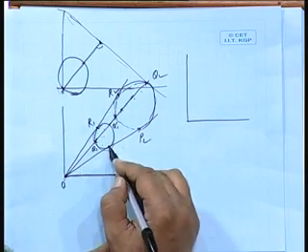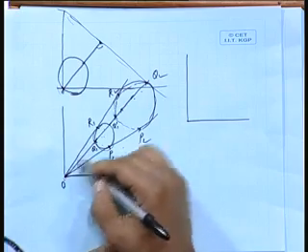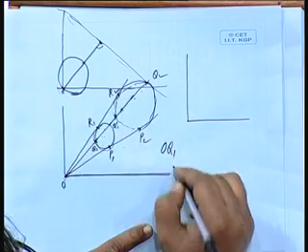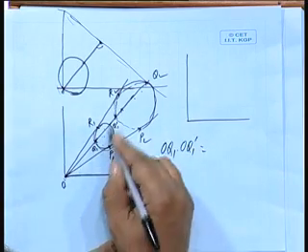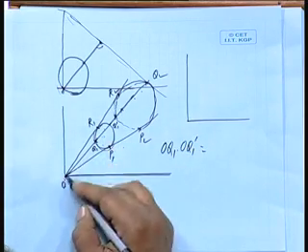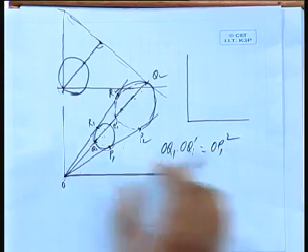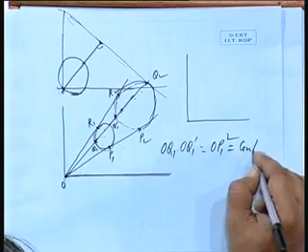See, OP1 into OP2, okay, OQ1 into OQ1 dashed is equal to OP1 squared or OR1 squared, either way, okay, because the tangents are of the same length. OP1 squared, this is a constant.